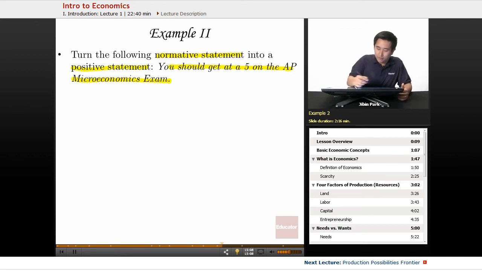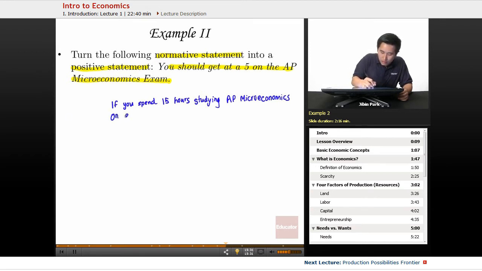Instead of you should get a 5, let's change it to: if you spend 15 hours studying AP Microeconomics on Educator.com, you will get a 5 on microeconomics.